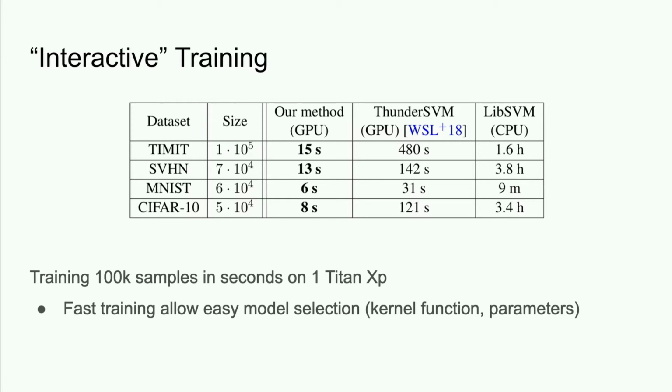We see at least a 10 to 20 times speed up. These experiments are on GPU, and ThunderSVM is an implementation of libSVM on GPU, so we do this experiment on the same GPU. This interactive training allows us to try different kernel functions and different kernel parameters quickly, so it somehow achieves the same effect as AutoML.